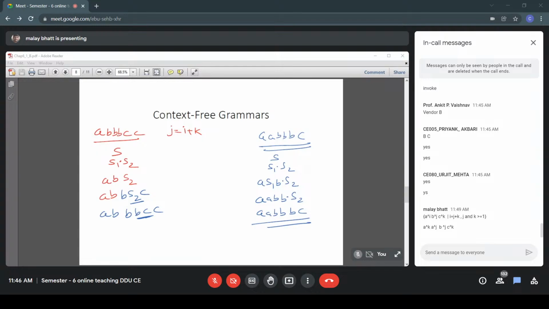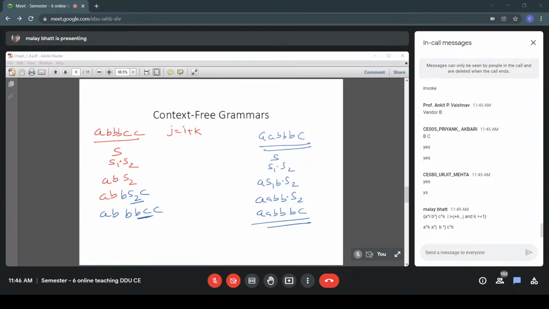Because the order of a is not significant, you can write a raised to k, a raised to j first, or you can have a raised to j, a raised to k. But this will give us some hint how we can proceed further in this example.